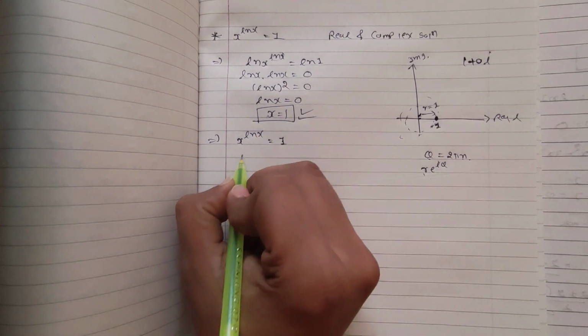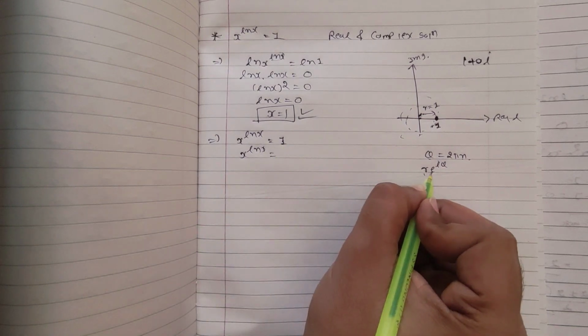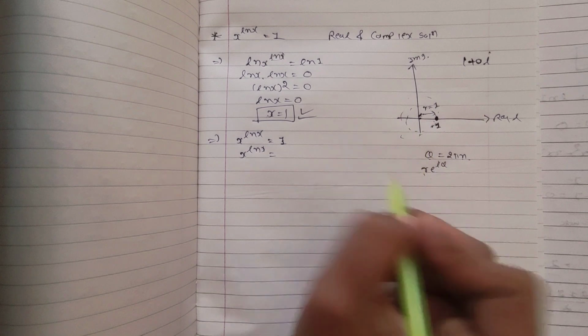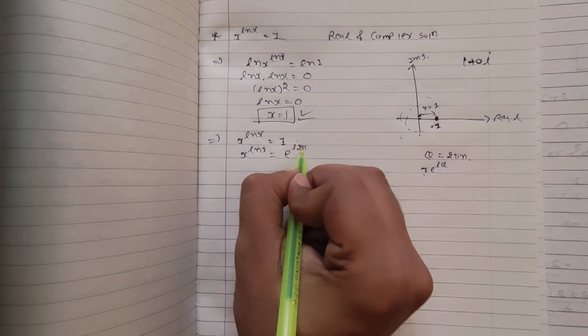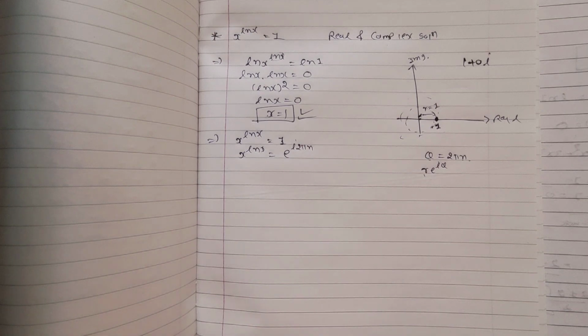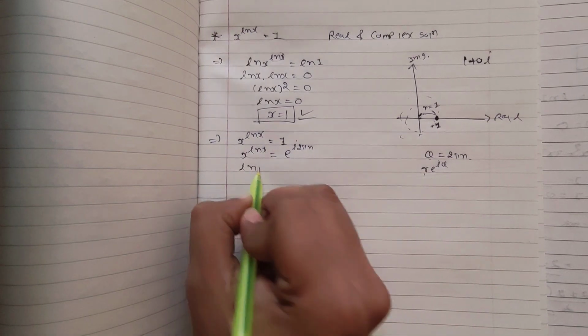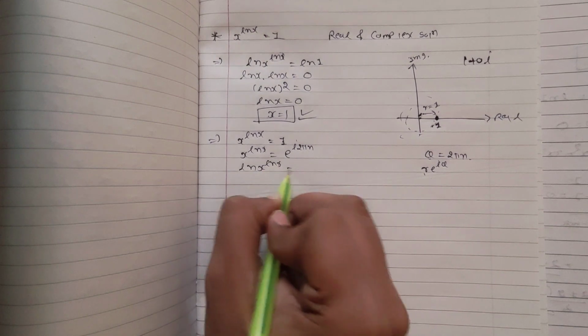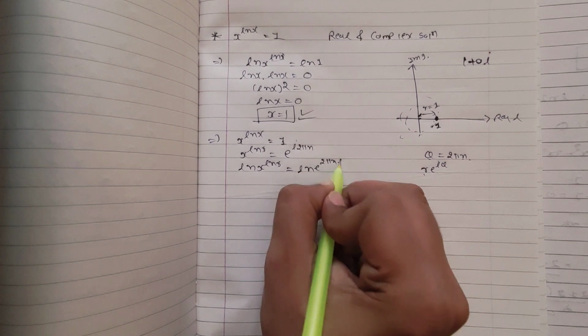Now x raised to ln x stays as it is, and I can write 1 as r into e raised to iota theta. r here is 1, so I can directly represent it as e raised to iota into 2 pi n. Got it? Now I will again take logarithm on both sides: ln x raised to ln x equals ln of e raised to 2 pi n iota.